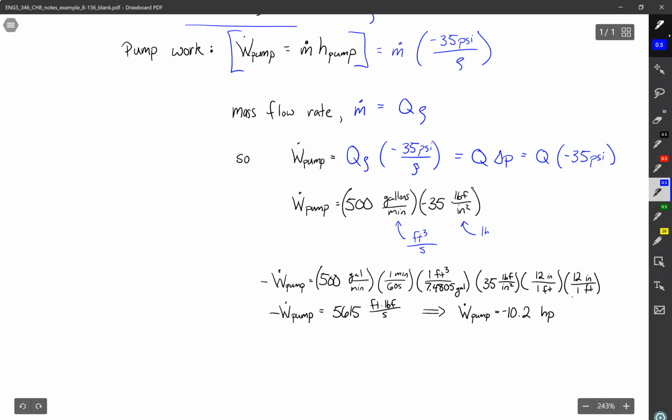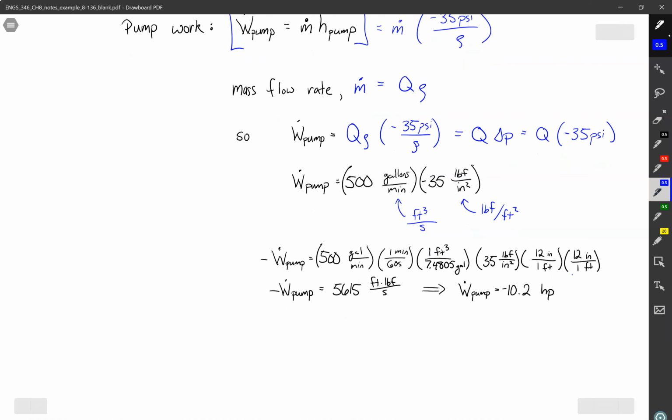So let's look at pounds force per foot squared for our pressure, so that we're using feet and seconds and pounds. We can do these unit conversions as I've shown here. What we find is that the work of the pump is 5615 foot-pounds force per second. If we convert that to horsepower, this is minus 10.2 horsepower.